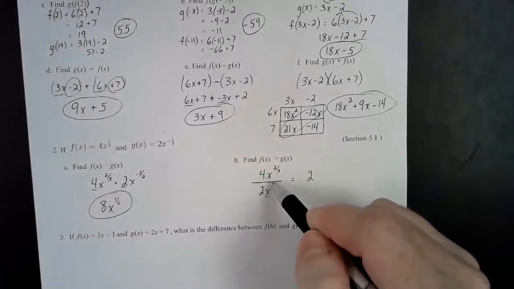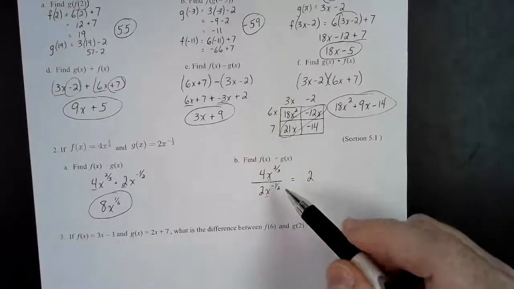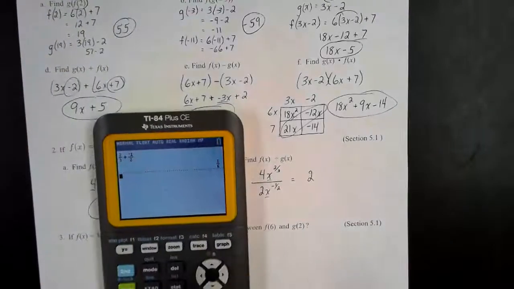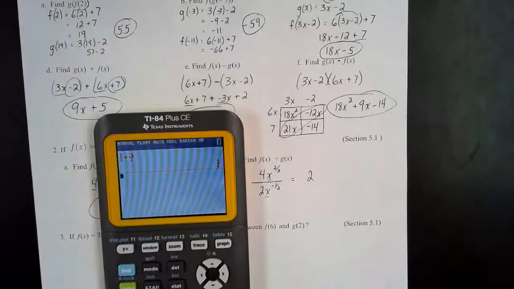So now we have like bases, but dividing, and when you divide, you subtract the exponents. So I'm now going to subtract these two fractions. Let me clear all this out of here. 2 over 3, and I'm subtracting.